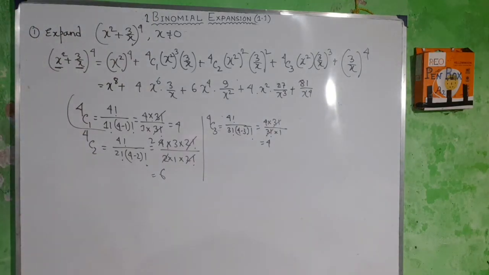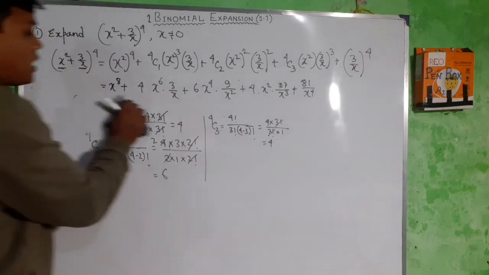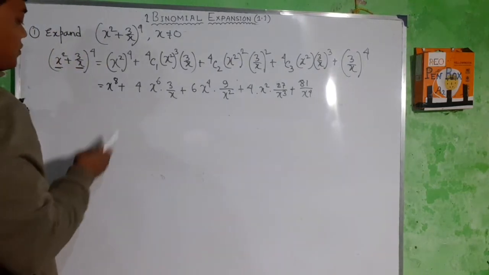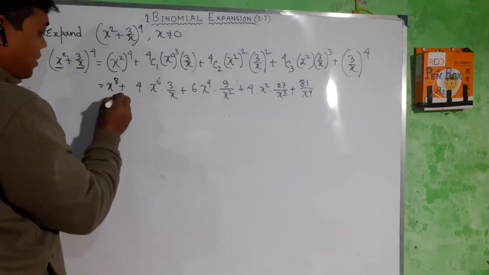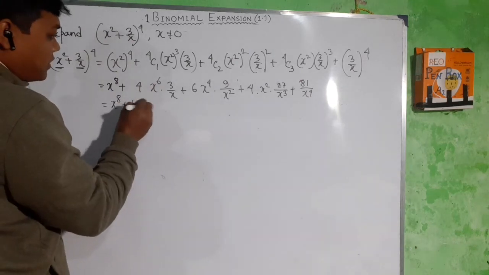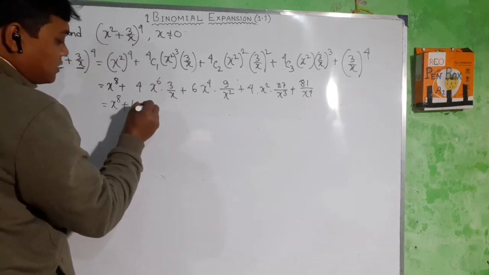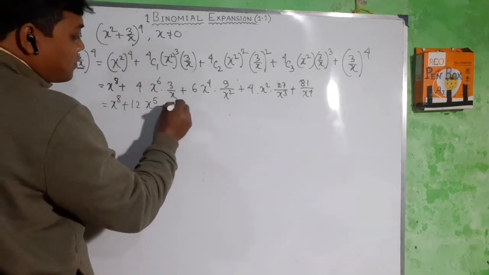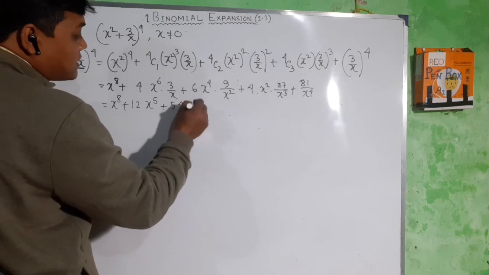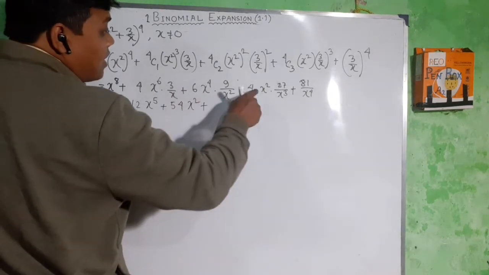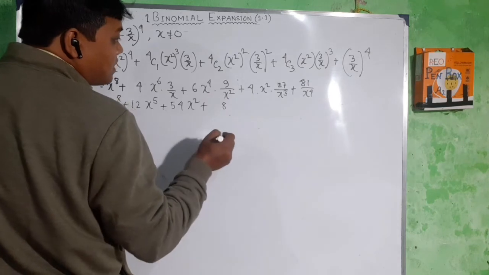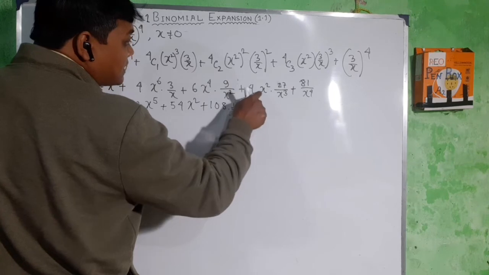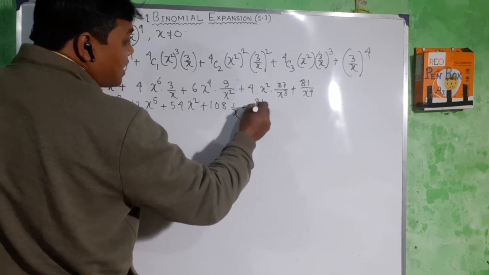So after some calculation, I erase this part. Put down the value. We get x⁸ plus 12x⁵, since x⁶ and x cancel, that is 4 into 3, 12 x⁵. Then 6 into 9, that is 54, and x⁴ and x² cancel, and after cancellation we get 4 into 27, that is 108, into 1/x, plus 81/x⁴.